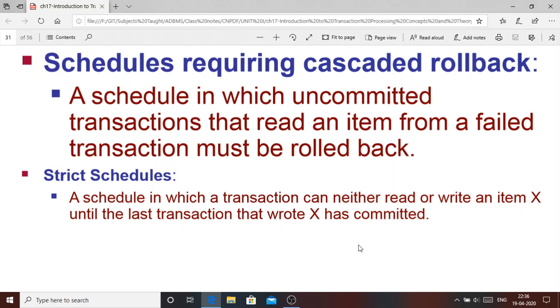That means a transaction is allowed neither to read nor to write an item X until and unless the last transaction which wrote that item X has committed. If this protocol is followed, then such schedules are called strict schedules.